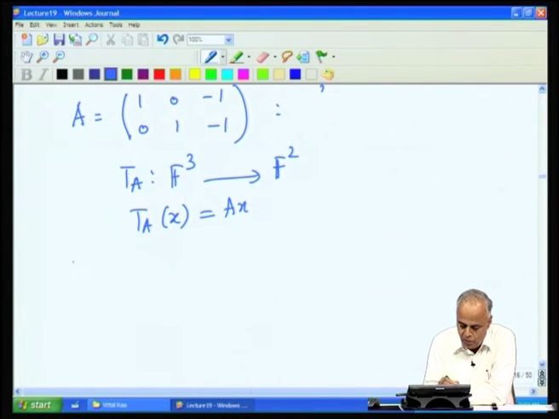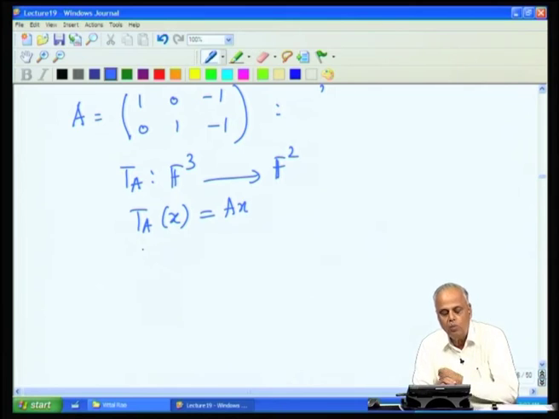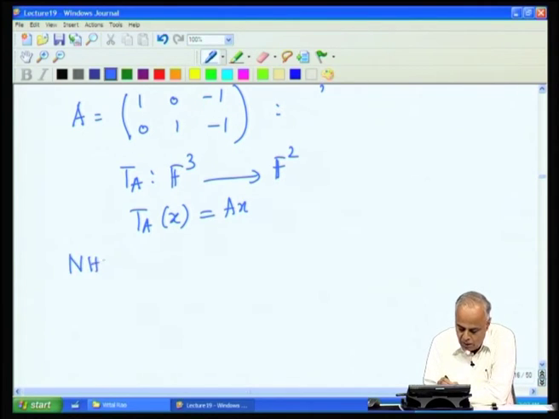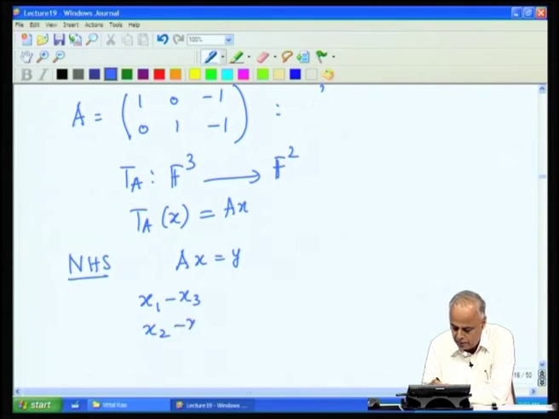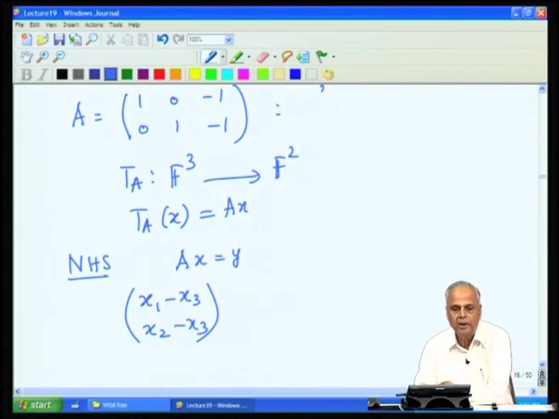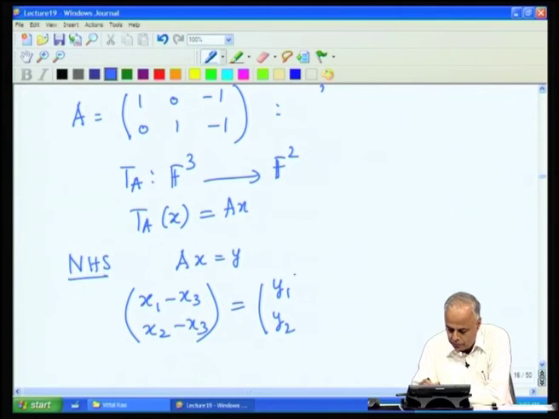So, now we want to know for what y's Ax equal to y has a solution. So, look at the non-homogeneous system Ax equal to y. That means Ax is x1 minus x3, x2 minus x3, that is what Ax is. If you take a vector x1, x2, x3 and pre-multiply by the matrix A, you get this, and we want this to be equal to y1 and y2.